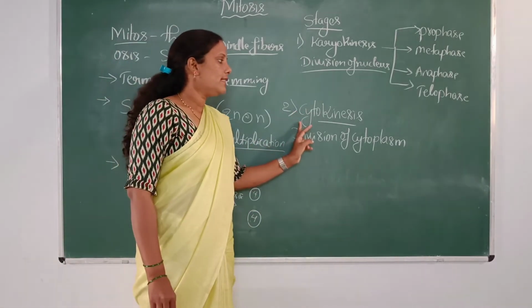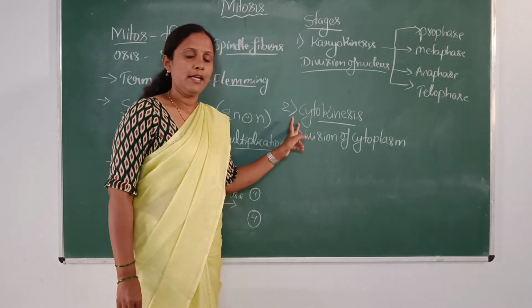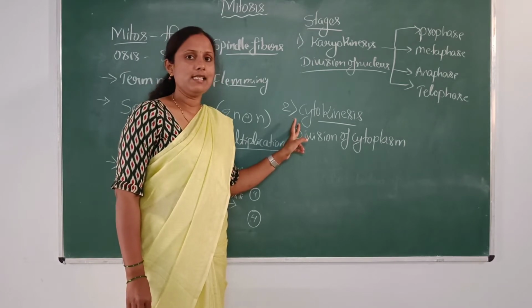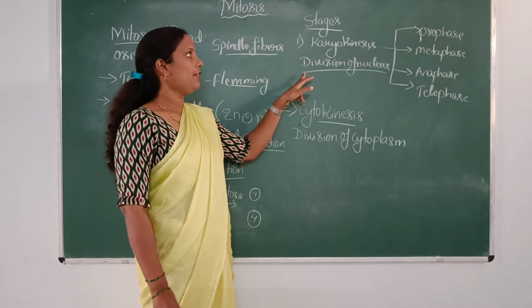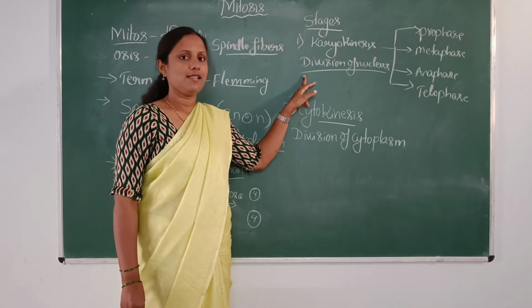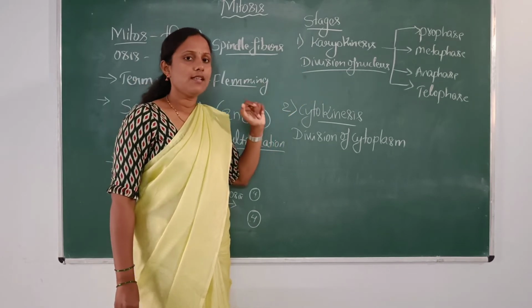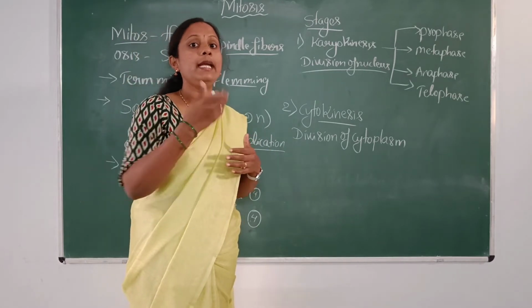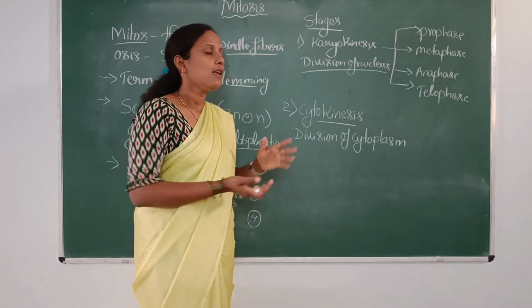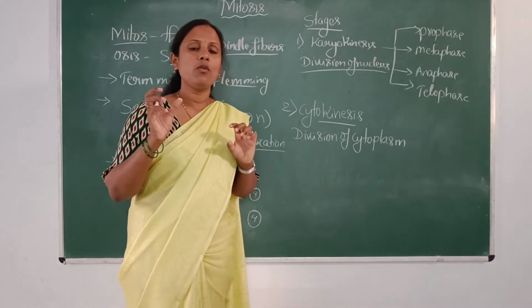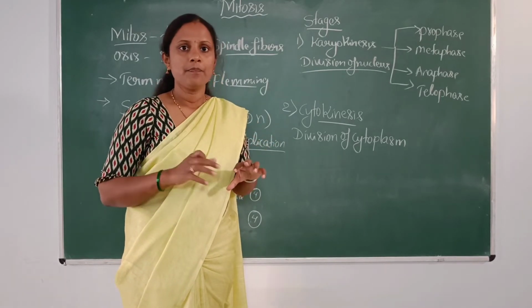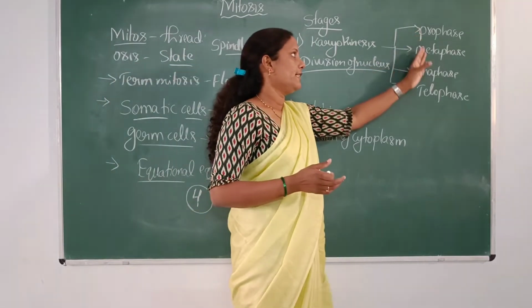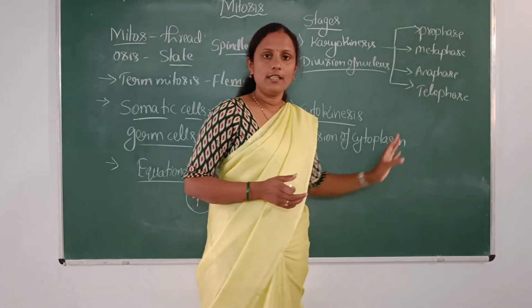And there is a difference in the cytokinesis of plant cells and animal cells, and even there are small differences in the karyokinesis of plant cell and the animal cell that we should take up at the end of mitosis. That means, as for now, I will explain only by taking the animal cell to explain all the phases, prophase, metaphase, anaphase, and the telophase.